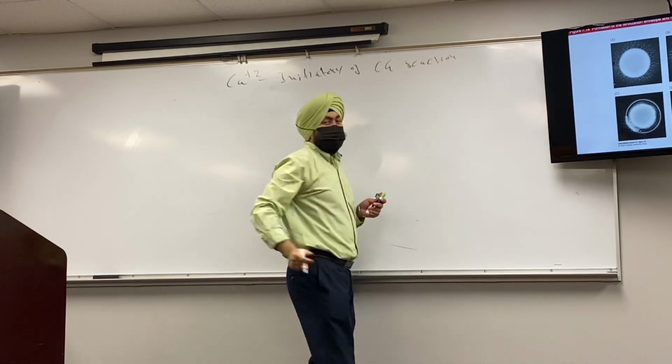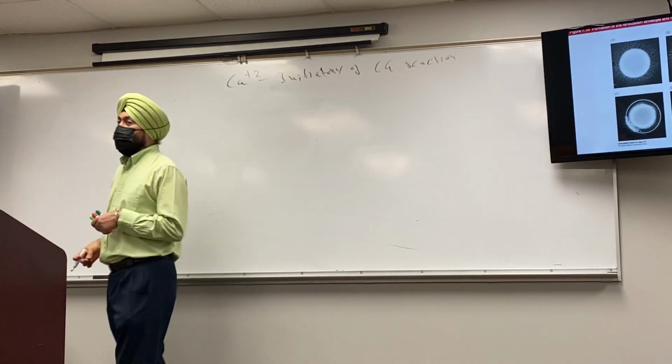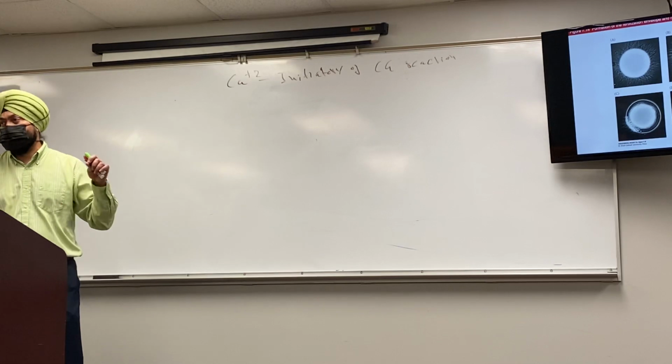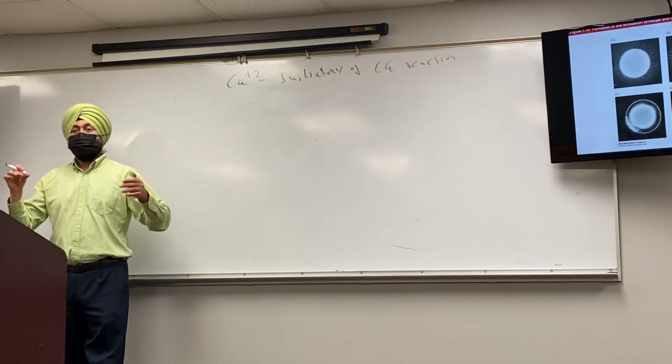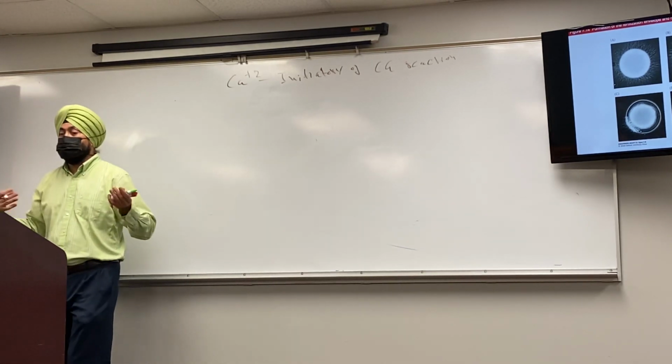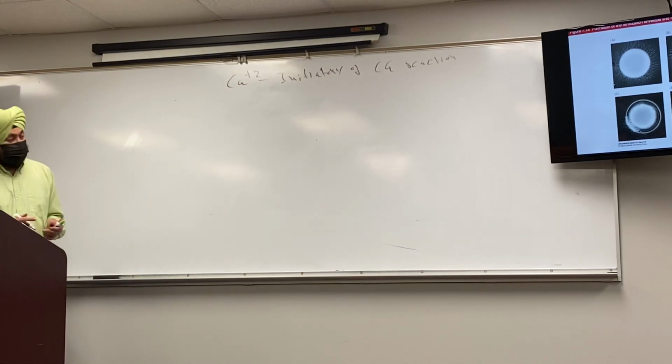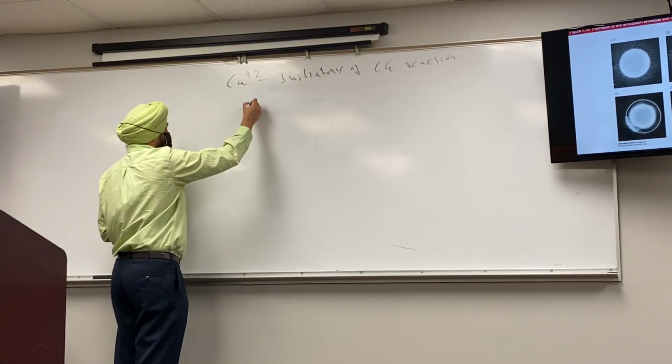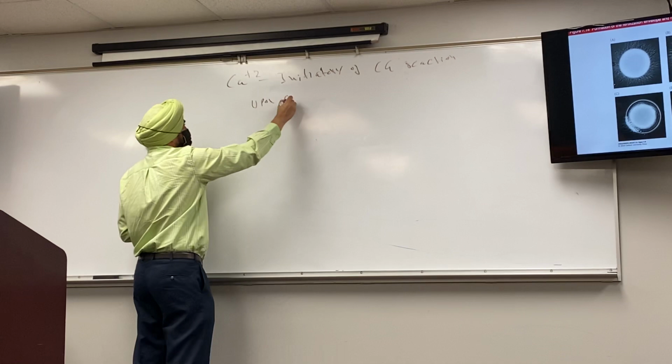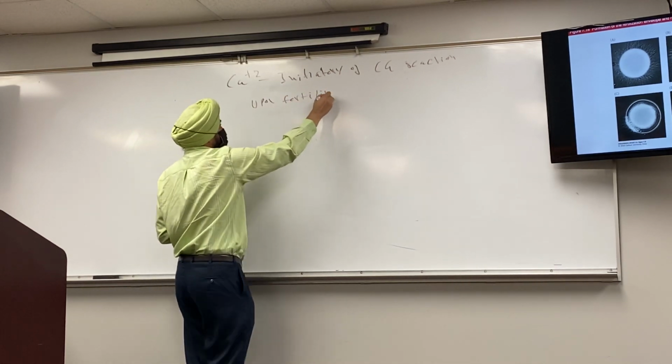And you can imagine calcium ions are doing so many things. They are the most critical ion, signaling ion or second messenger in the cell. So upon fertilization, what happens?